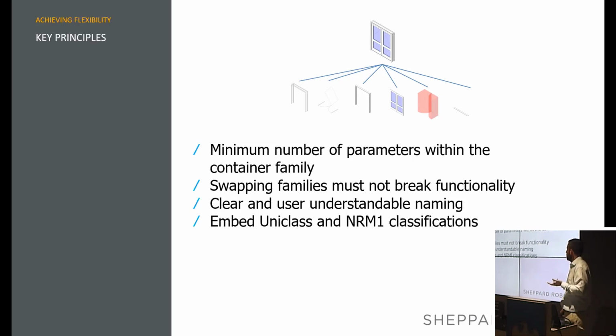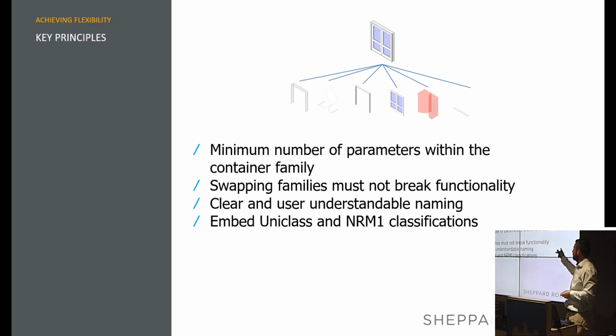So the key principles of what we've built are to keep the number of parameters inside the actual family or the container as minimal as possible, so it's easy for the guys to use. Like I said, I've seen these all-in-one contents where you have to scroll down about 5 pages before you find one to control some kind of visibility that has an obscure name.